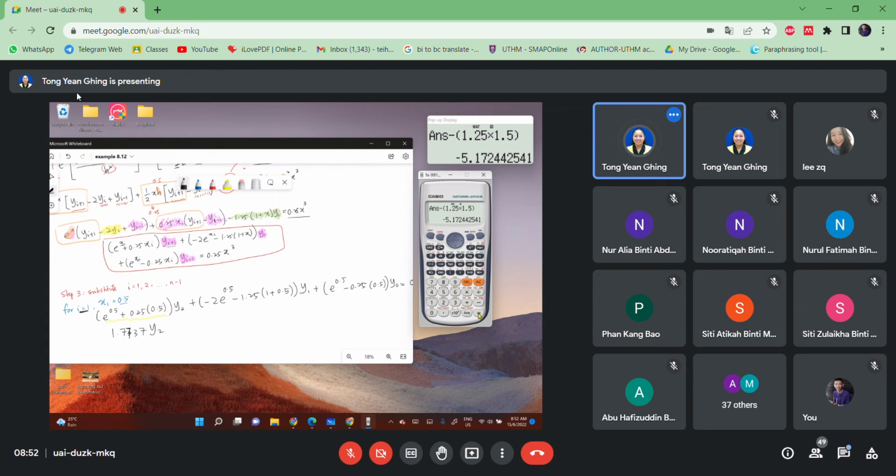So dapat negative, betul, negative 5.1724. So here negative 5.1724. Correct or not? Same. Correct. Right. Then this one is y1.